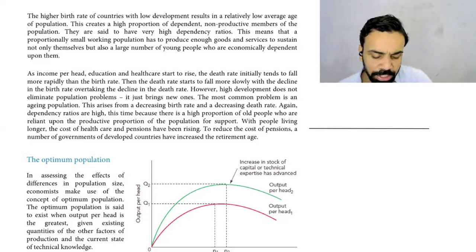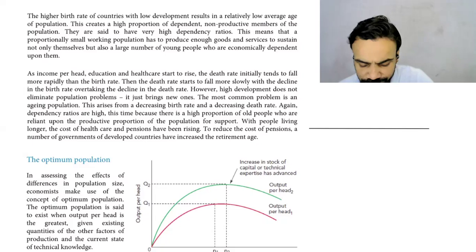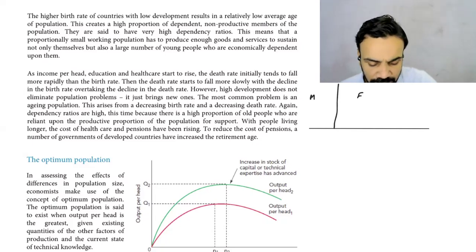For countries which are developing, what we have observed for developing economies is that in our population pyramid, you have male and female, and then you have the age breakdowns, like let's say 16 and 65 as the age gap.